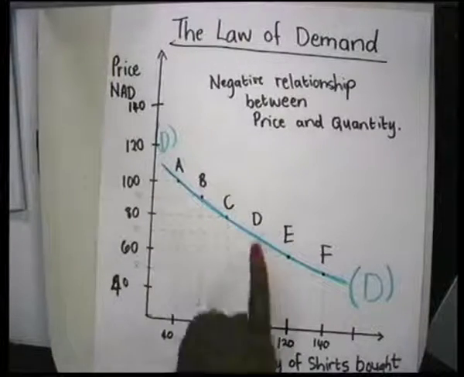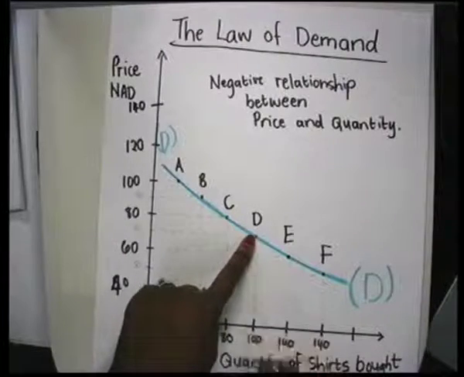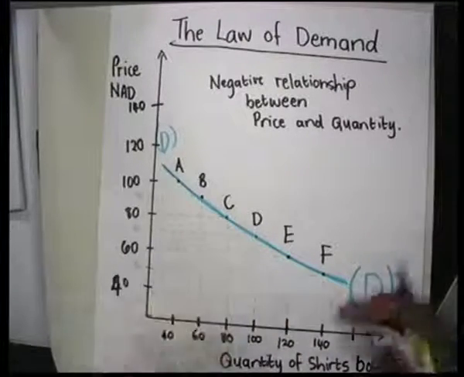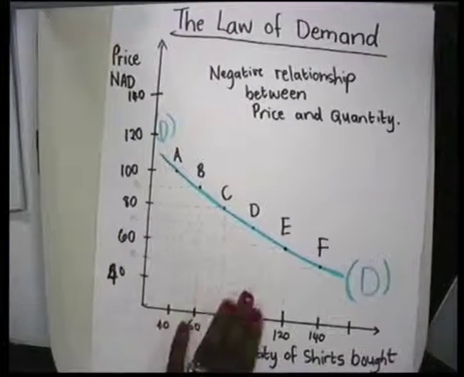For example, at point D, when price decreases, then quantity increases. So there's a negative relationship between price and quantity when it comes to the law of demand.